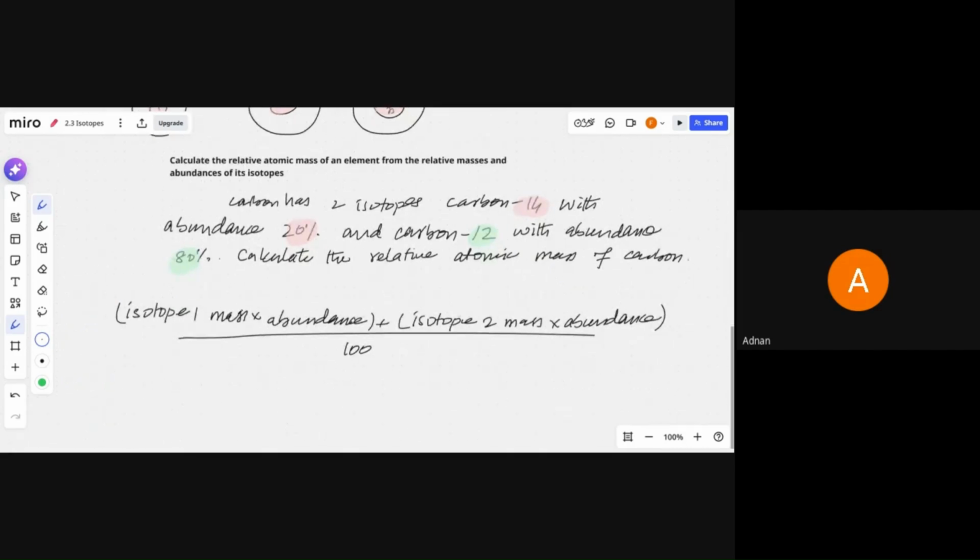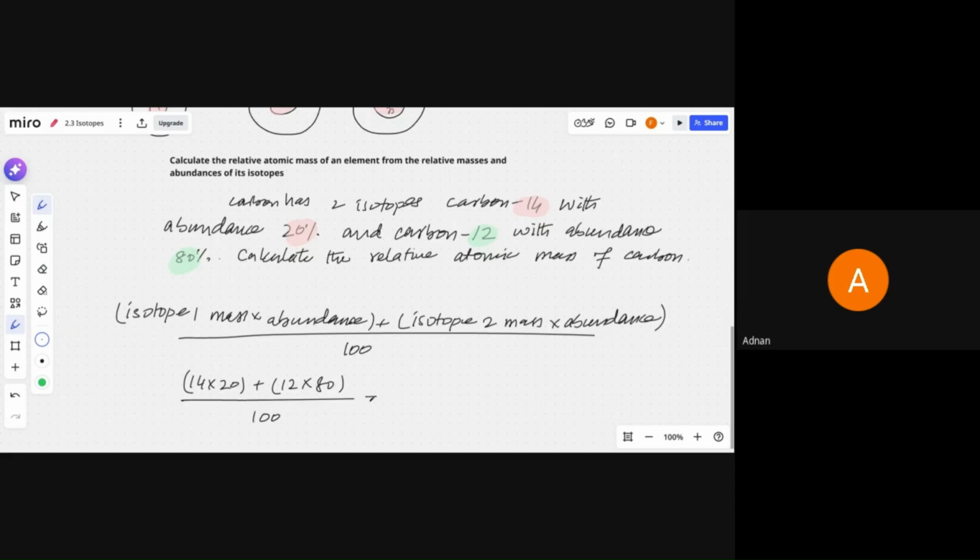Now let us put values here. Isotope 1, carbon 14: I write 14 times its abundance, which is 20, plus isotope 2 mass, 12, times its abundance, which is 80, divided by 100.